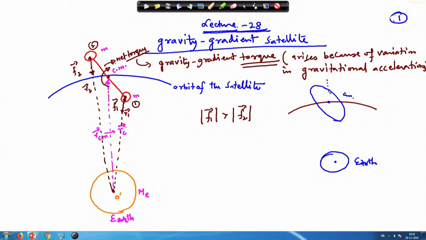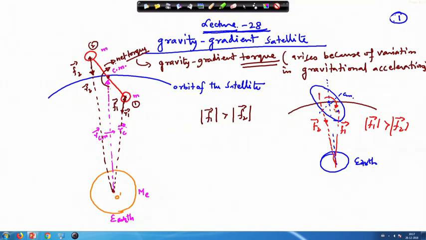In this situation you can see that on this half there will be more gravitational pull as compared to this half. If we indicate by F 1 on this side and F 2 on this side, obviously F 1 is greater than F 2, and this implies that there will be a tendency for this satellite to turn like this.